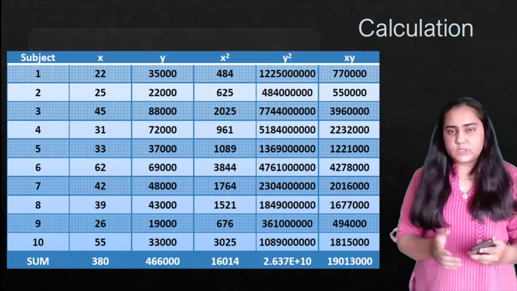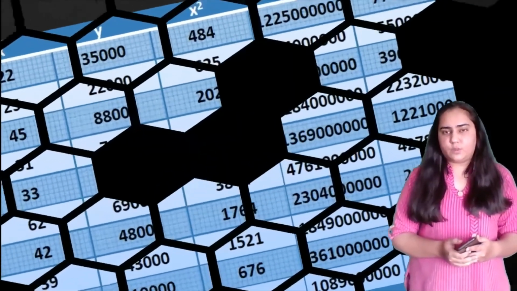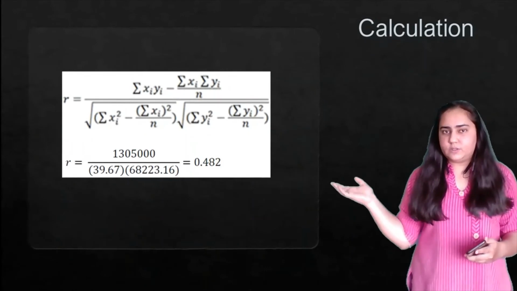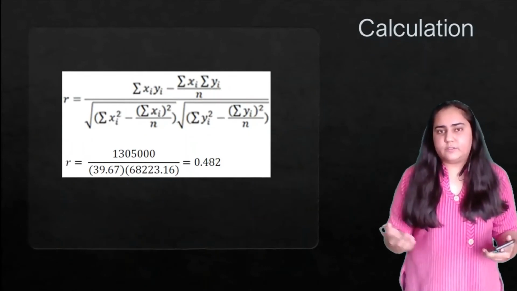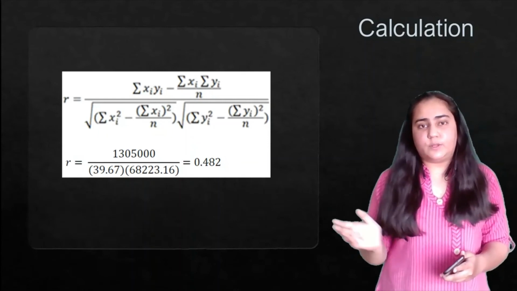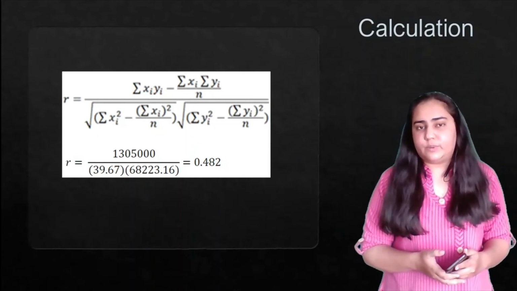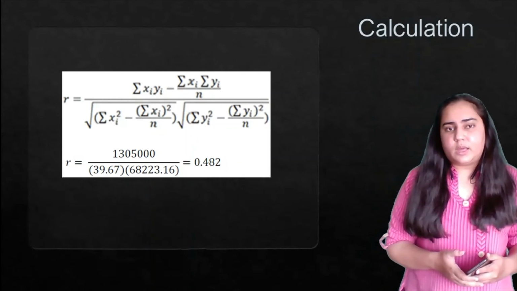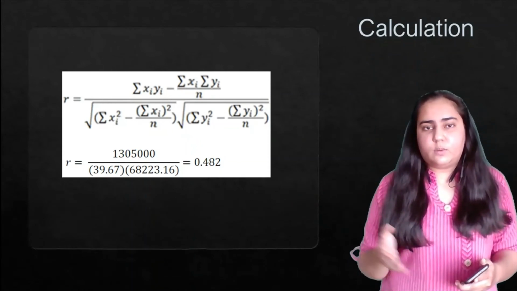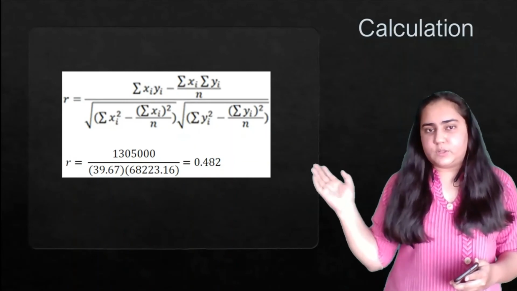Now you just need to recall the formula that we had, and simply put all the values in this formula. We have already calculated everything necessary for this formula to work. So we just need to place all those values now. The topmost thing would be 1305000, as you can see.